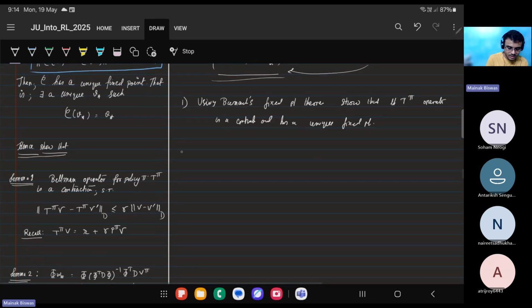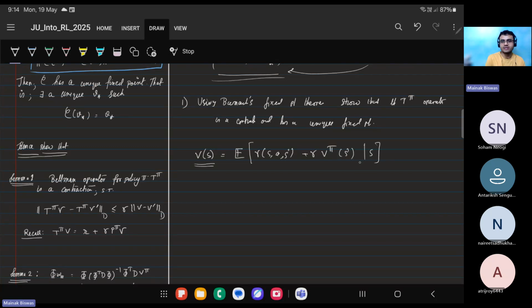Do you remember the T pi operator, T pi of V? What was it? R plus P pi of V. Correct. So we define V of S as the expectation of R of S, A, S dash plus gamma times V of S dash, given S. Yes or no?